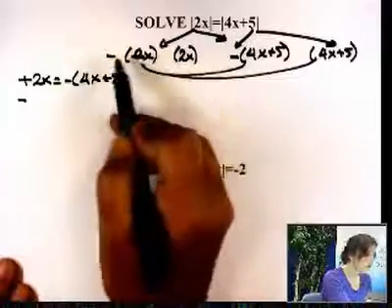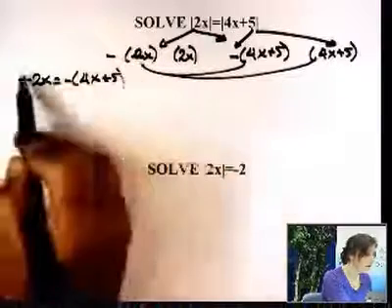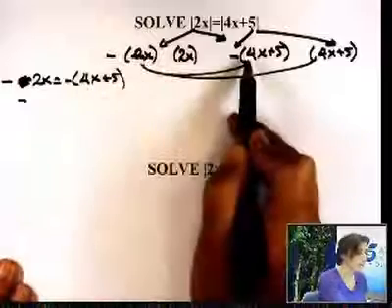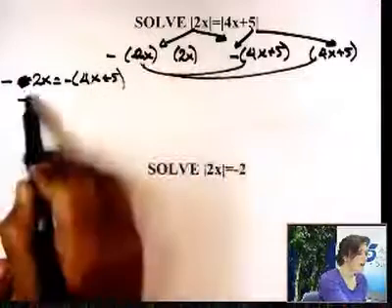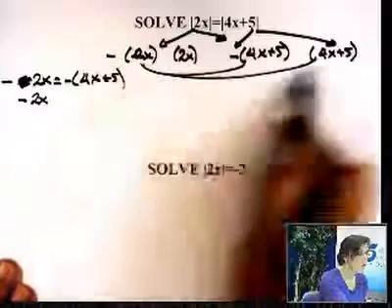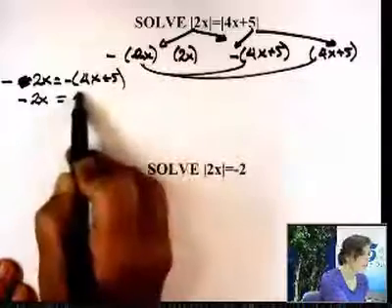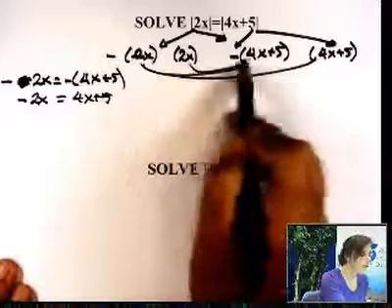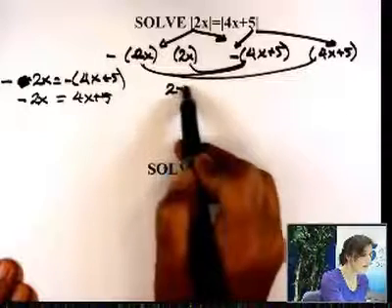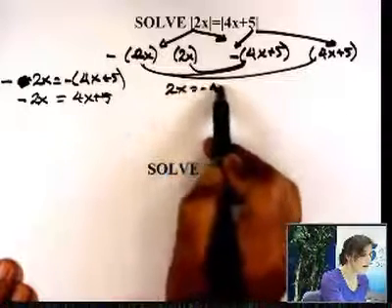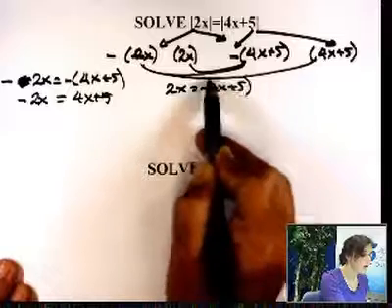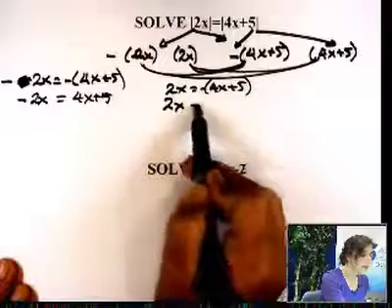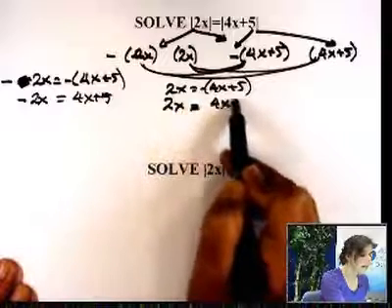Oh, this one is not. Okay, let me do it in order. Negative 2x with negative. I will have negative 2x with positive. I will have 2x with negative in parentheses, or I'll have 2x and 4x plus 5.